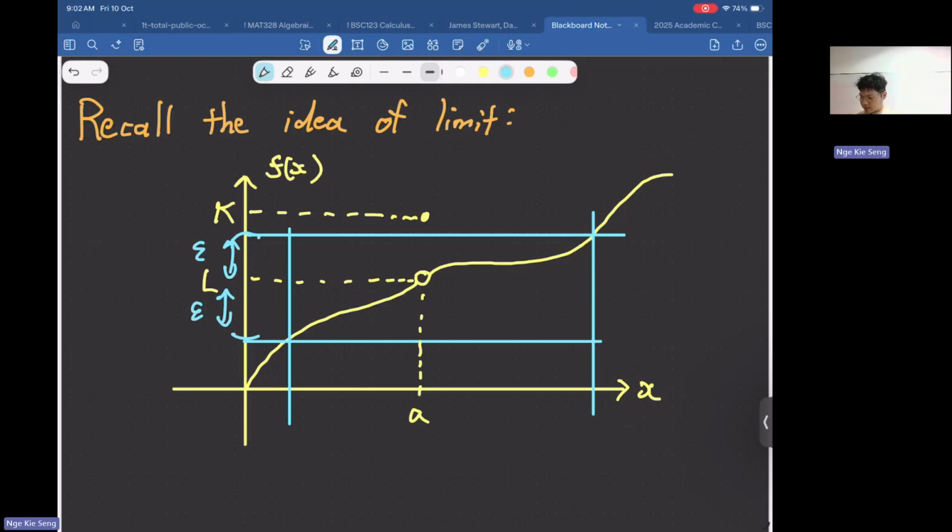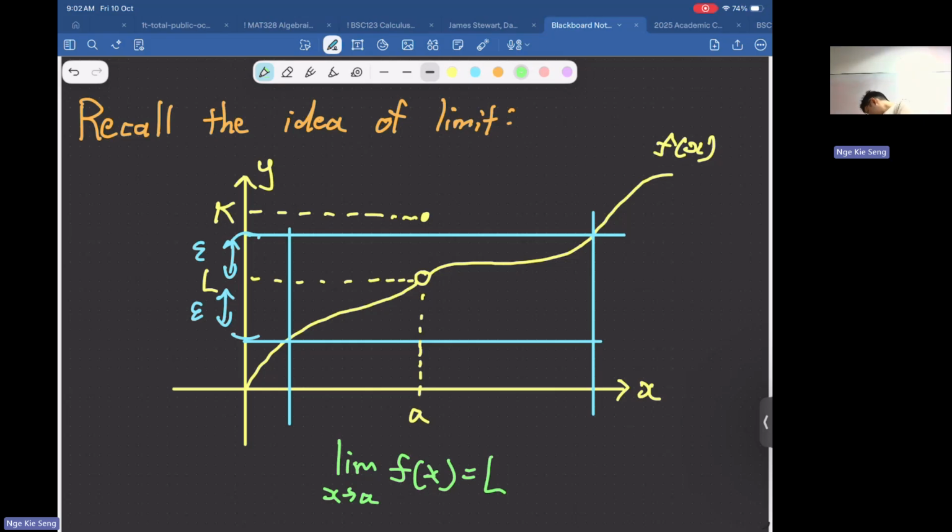So if we write the limit as x goes to a of f(x), let's say this is our f(x) now, equals L, it is when no matter how close to L, you still find these f(x) close to L. No matter how close.